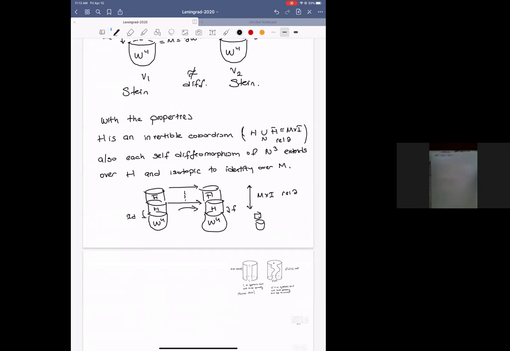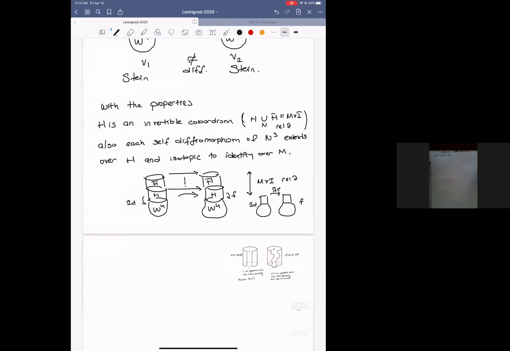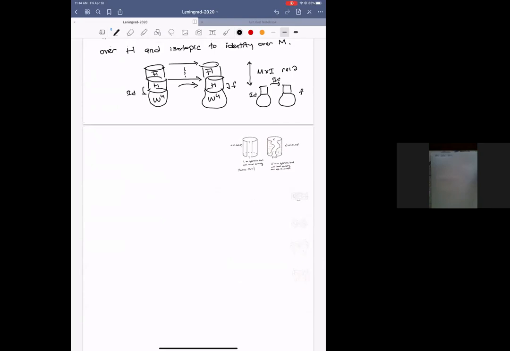You attach a collar here by identity, and you attach a collar here. So that is saying you have here M cross I, you have here M cross I. You're attaching this with F, with identity, and your claim is this identity extends as a diffeomorphism, but this contradicts F extending as a diffeomorphism. That is a contradiction.